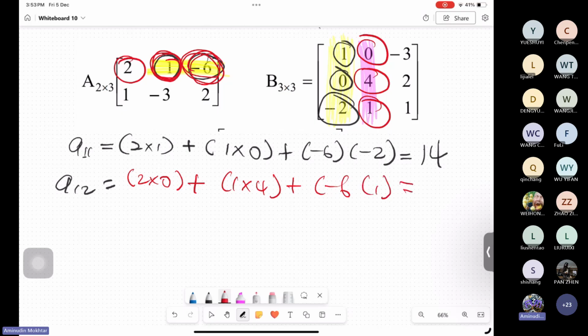Negative 6 plus 4 is equal to negative 2. That's for the second element of the first row of matrix C.